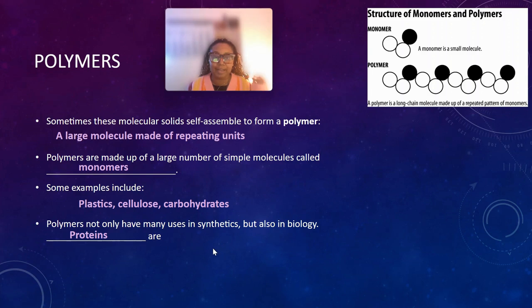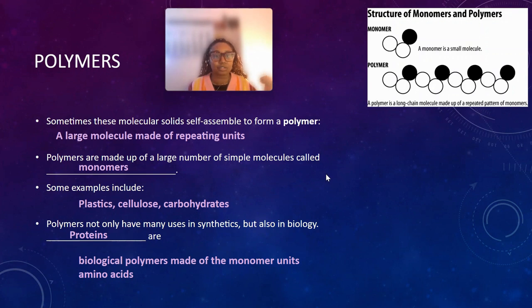Polymers not only have many uses in synthetics, but also in biology. Proteins are biological polymers made of the monomer units of amino acids. Okay, so the monomer for a protein is an amino acid. Okay, the polymer for a protein is essentially the protein itself. Okay. So the base is the amino acid, the protein itself is the bigger piece. Okay.